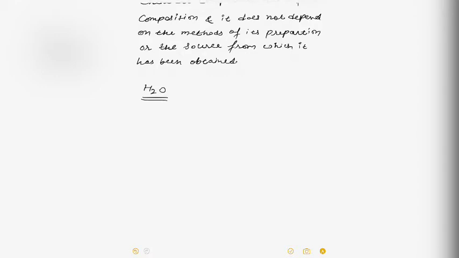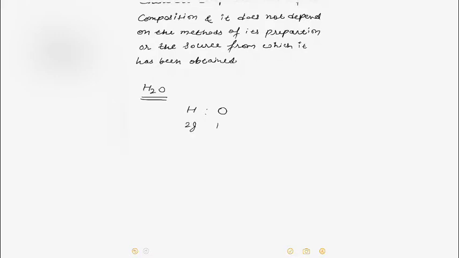It is composed of hydrogen and oxygen. 2 gram of hydrogen reacts with 16 gram of oxygen to form a water molecule, so their simplest ratio will be 1:8. It always remains constant, the ratio of hydrogen and oxygen in H2O, that is 1:8.